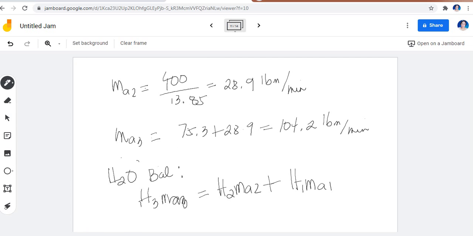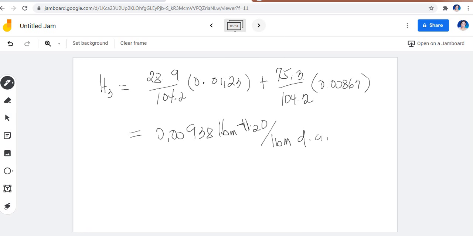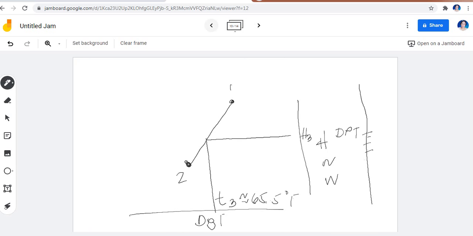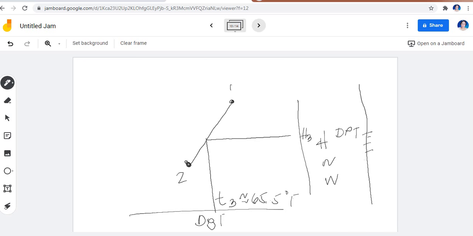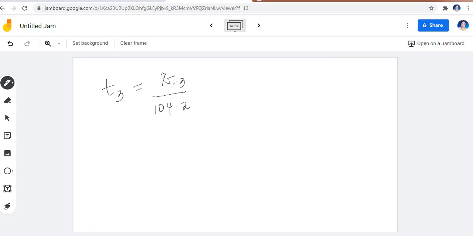You do the same for stream 2, 400 divided by this one. So this is the one that we're using here, and here, to get the humidity of your resulting mixture. So you can use the same principle in finding the dry bulb temperature of the resulting mixture. So you have 60 here for stream 1 for the dry bulb temperature, and for stream 2 you have this mass flow rate.